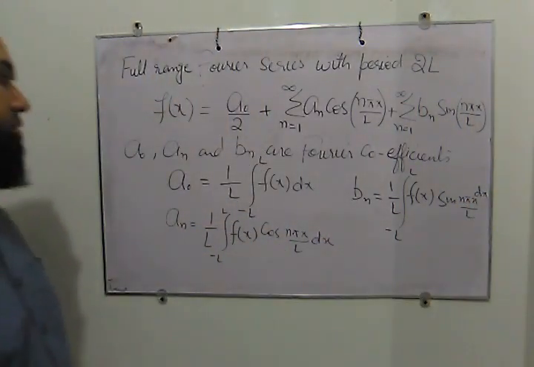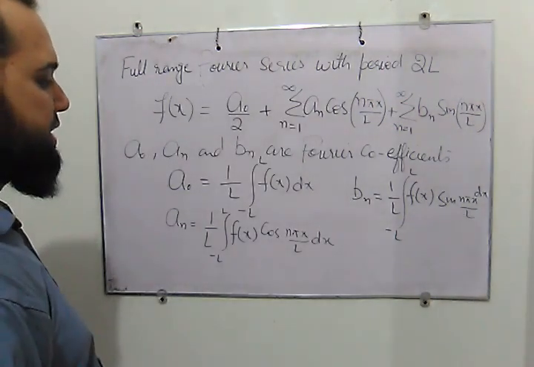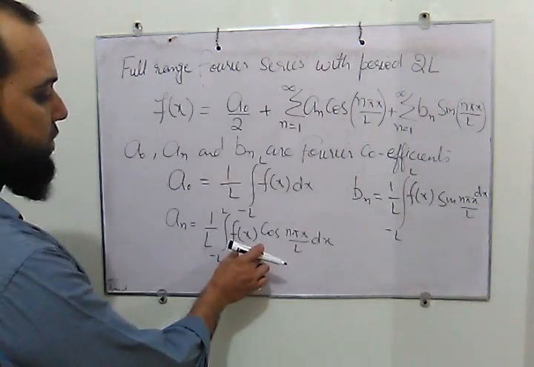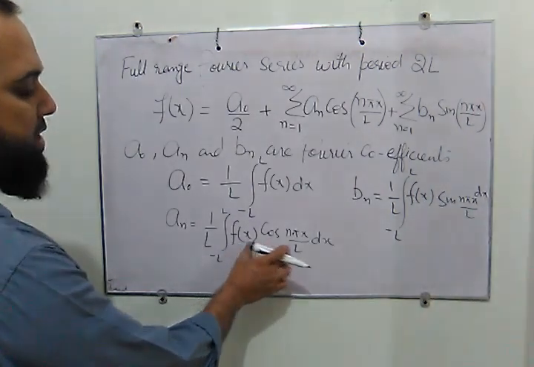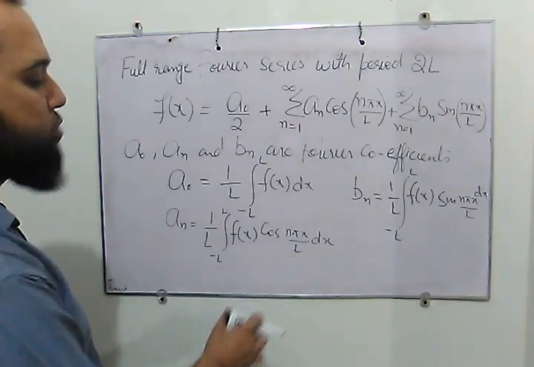You will see that the properties we have already studied apply: if we have a function which is even and we multiply it with this, we do not have to solve it.